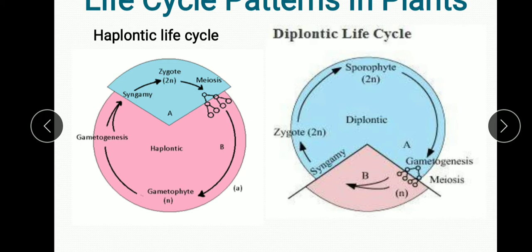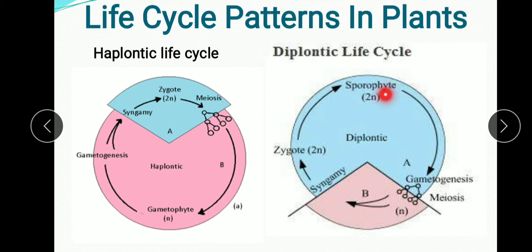In this type of life cycle, the dominant phase is the sporophyte. Here, the sporophyte is diploid, and it is the dominant one, and the haploid phase is represented by gametes only, which are produced by meiosis. So during gametogenesis, after meiosis, gametes are formed, and they are haploid.